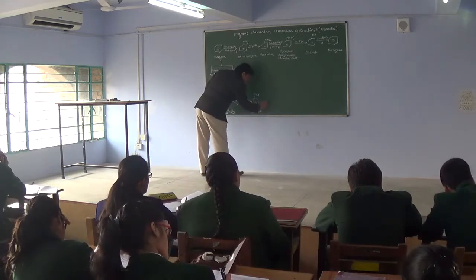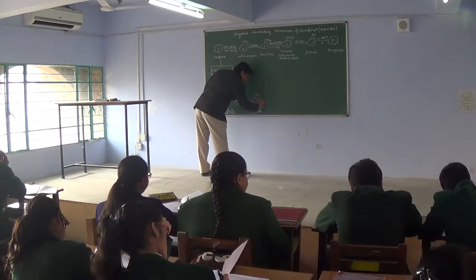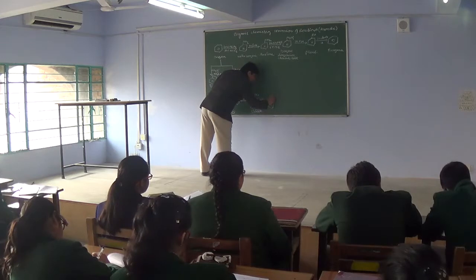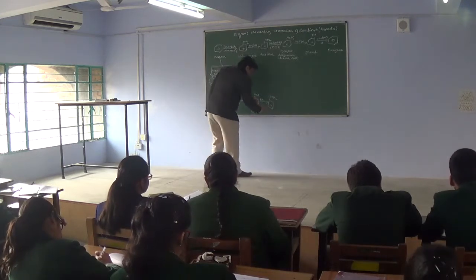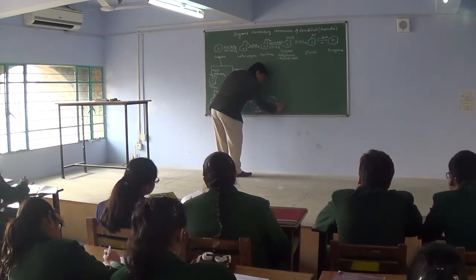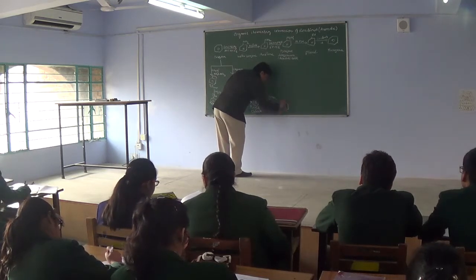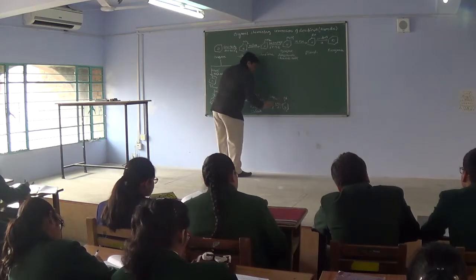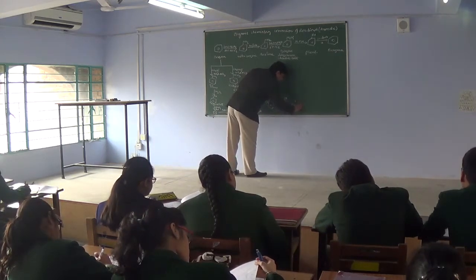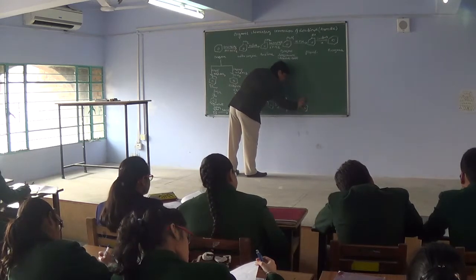And then with NH3, we will get benzamide. And then with P2O5 added, we will get benzonitrile, which on subsequent hydrolysis can be changed into benzoic acid.